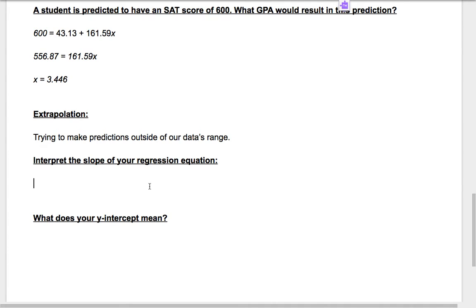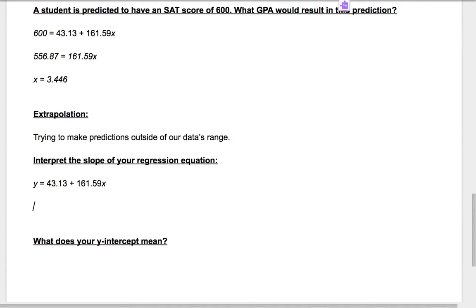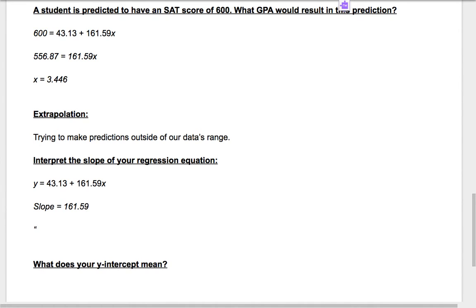Interpret the slope of your regression equation. Well, here's our regression equation. Remember, the slope is always the one attached to x. So here, our slope is 161.59. Now remember, slope is rise over run, or it tells you if I go over 1 in the x direction, I'm going to go up 161.59. What this means is for every unit increase in GPA, we would expect the SAT score to increase by 161.59 points.